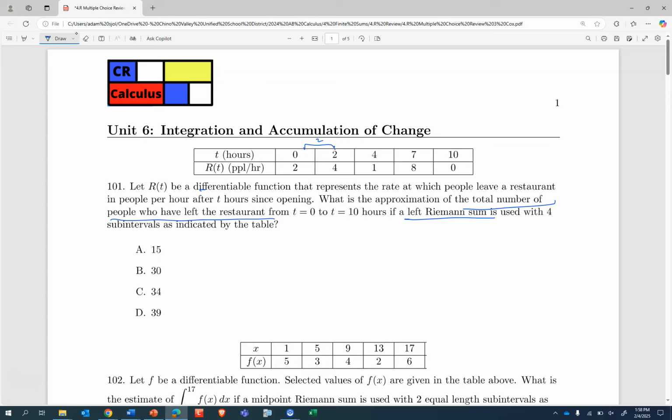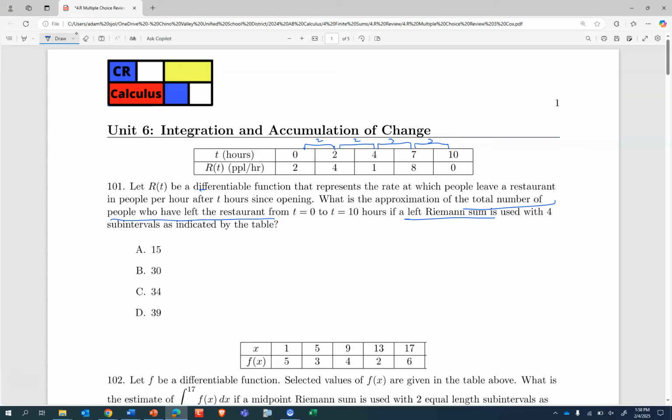Okay, so this is 2, 2, 3, and 3, which means we have to do individual rectangles. So we're doing left rectangles, and people per hour times hours sounds like we're going to get people.